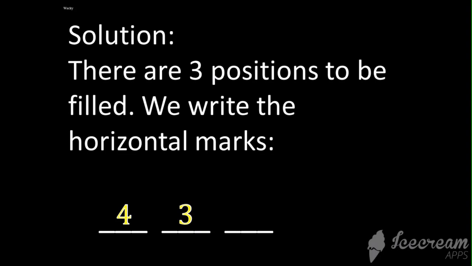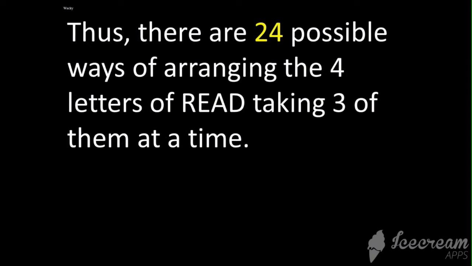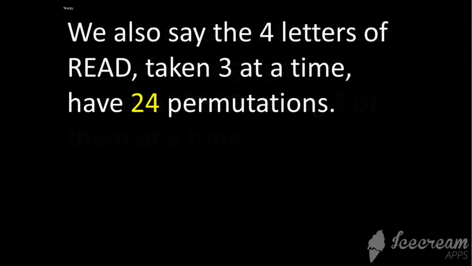For the last position, there are only 2 letters. Then when we multiply these 3, we get 24. Thus, there are 24 possible ways of arranging the 4 letters of READ, taking 3 of them at a time. We also say the 4 letters of READ, taken 3 at a time, have 24 permutations.